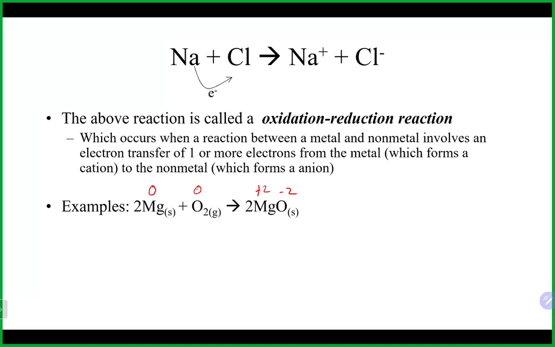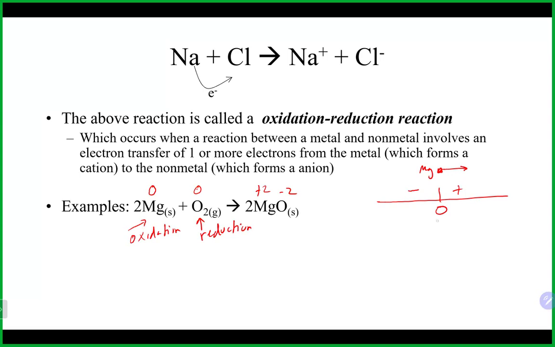So once again, if you were not sure, you could go to your number line and figure out what is going on. So magnesium is starting at 0 and ending at +2. It's becoming more positive. So as we would expect here, it is going through oxidation. By default, once again, that would mean that the oxygen here is going through reduction.